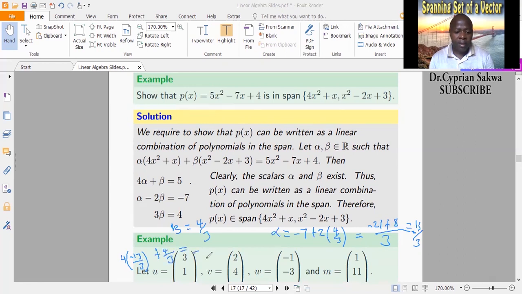The LCM here is 3. Does it really give us 5? This will not give us 5.